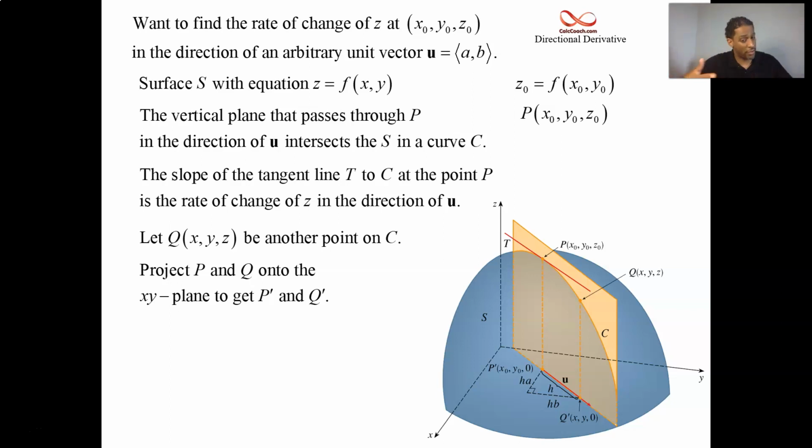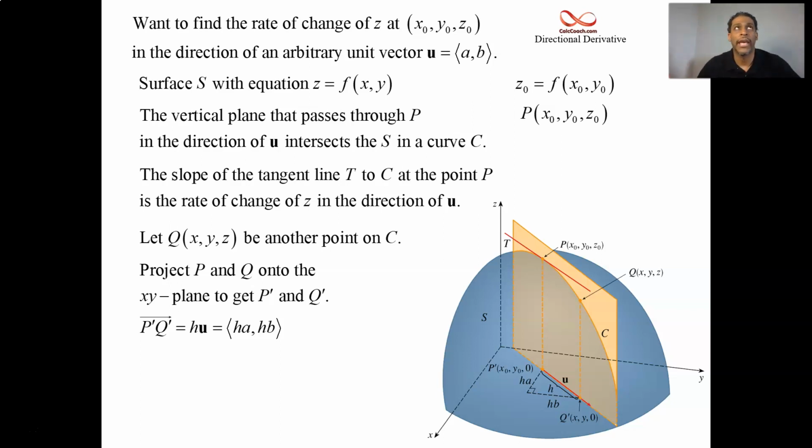Okay, they both are on the vector u. Okay, but they might not be a distance 1 apart from each other. Okay, let's call the distance that they are apart from each other h. Okay, and so the vector that connects P prime to Q prime is a scaled version of u.